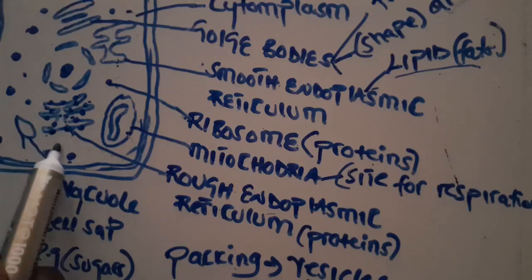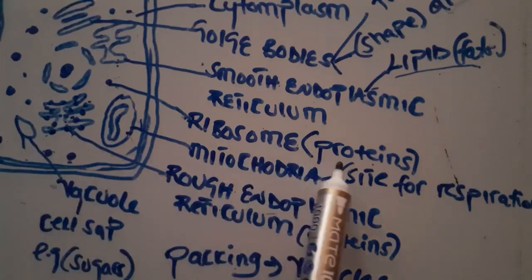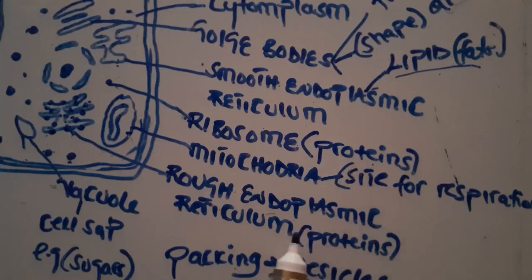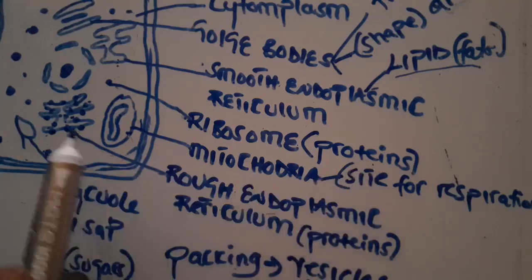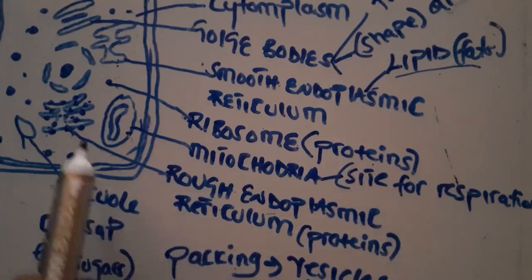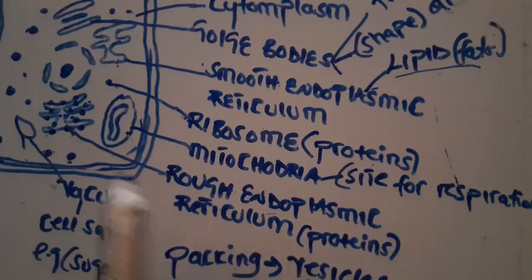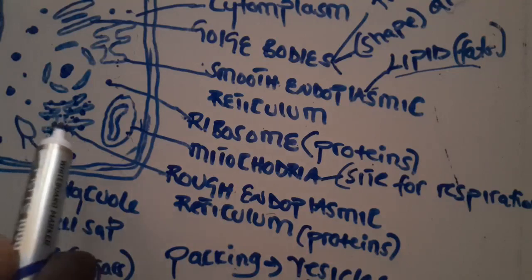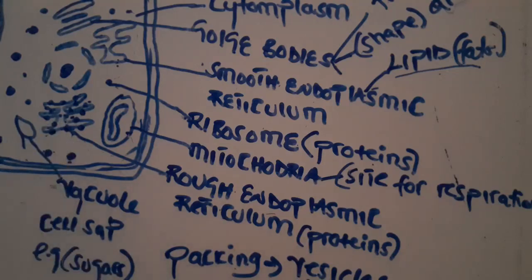And the function of the ribosomes, don't forget, is to produce proteins. So when these proteins are being produced by the ribosomes, of course this rough endoplasmic reticulum also produces proteins, because the ribosomes are attached to it.